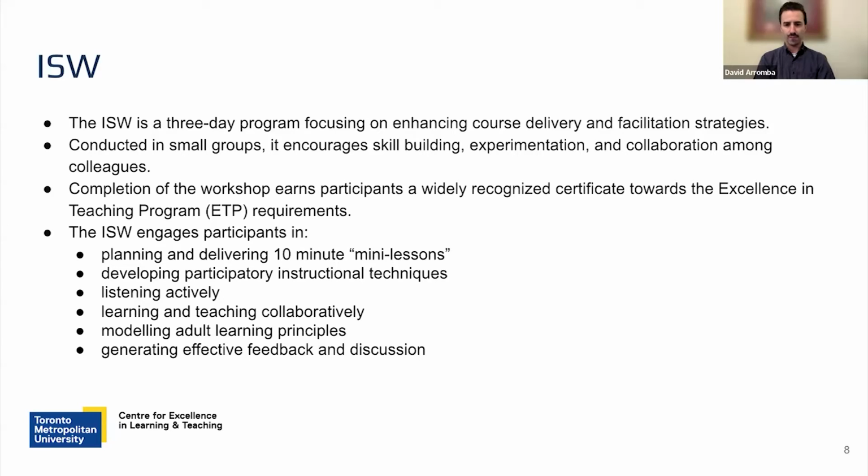If you will indulge me, I just want to launch a couple of poll quiz questions. We're currently in the process of trying to figure out when to schedule our ISW offerings for the 2024-2025 year. So I'm going to launch a question here. The first is with respect to the time of year.